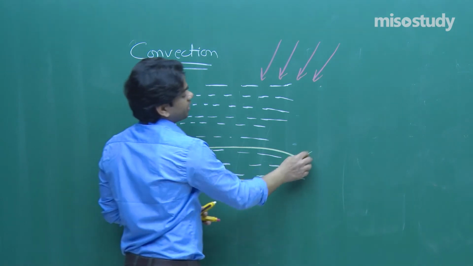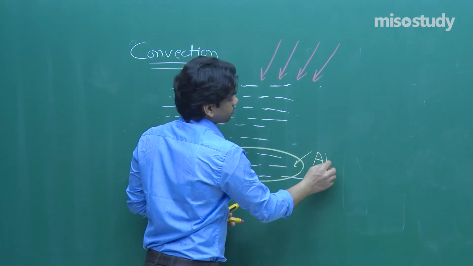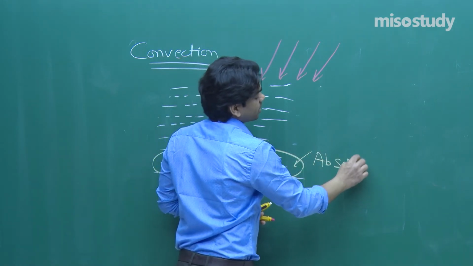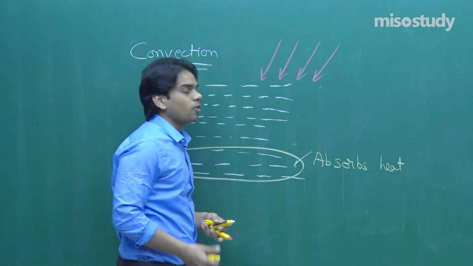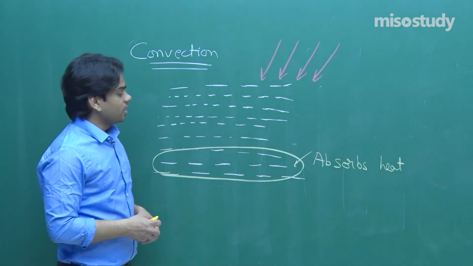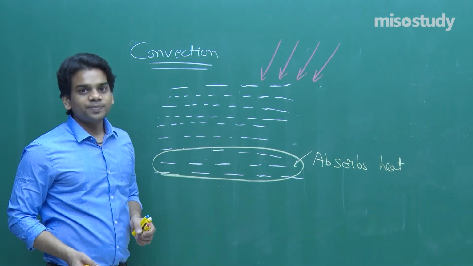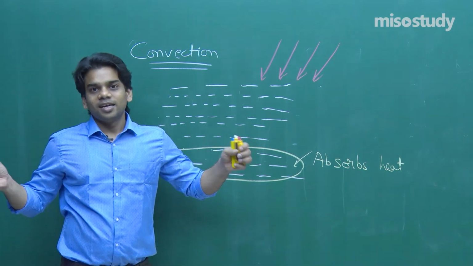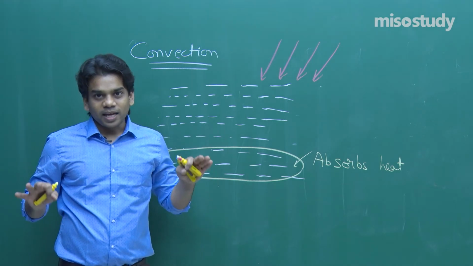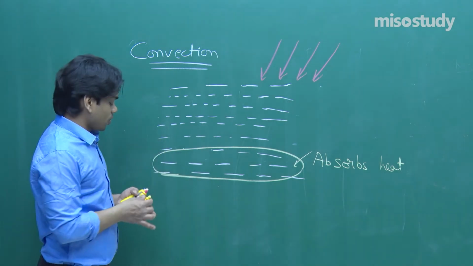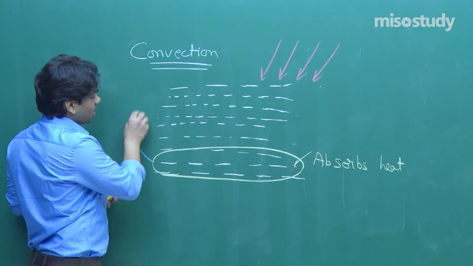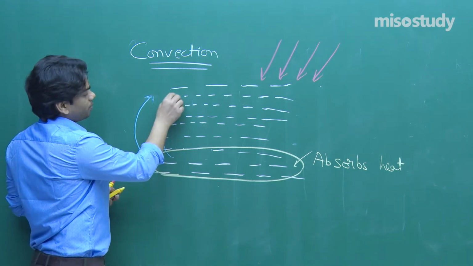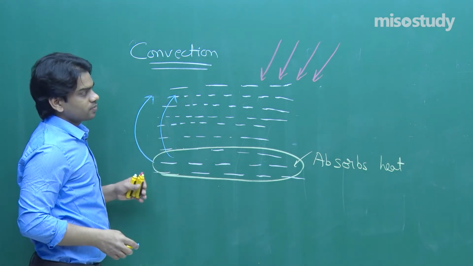It absorbs heat energy, or let's say it gets heated up from the heat obtained from the ground. Now as it gets heated up, it will expand. Its density will become low, and as its density becomes low, it will start rising in the upper layers of the atmosphere.